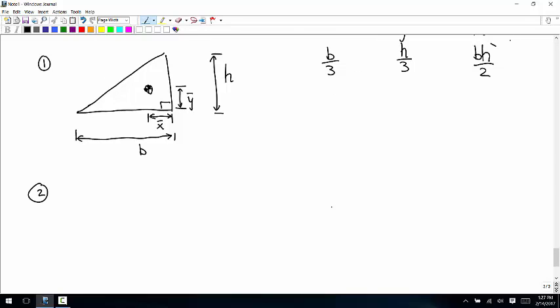The second shape is a semicircle. So this distance is r, the radius of the circle. There's a line of symmetry, and so we know that x bar is along this dotted line, but y bar is up here somewhere.